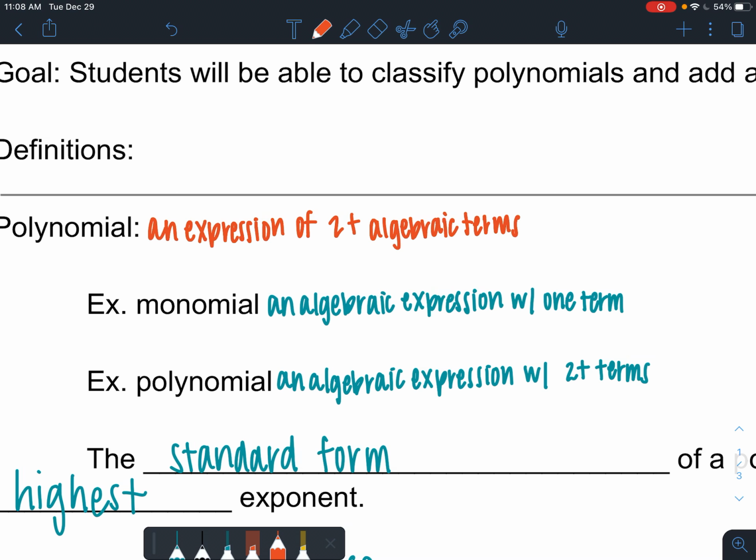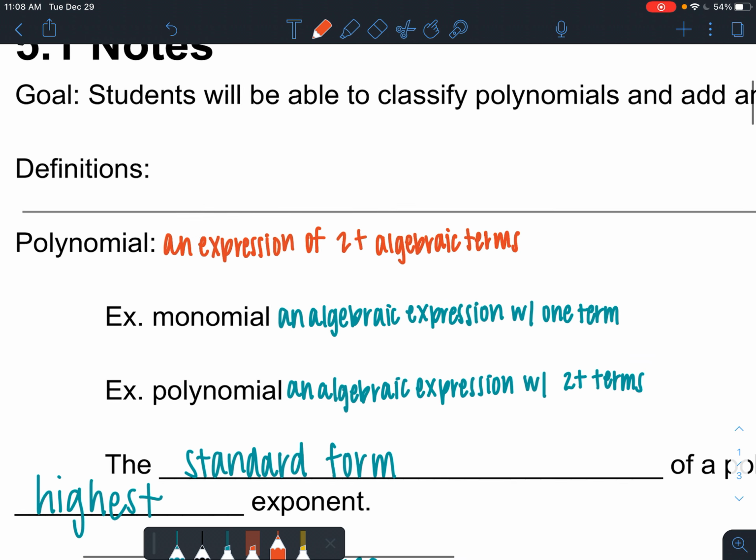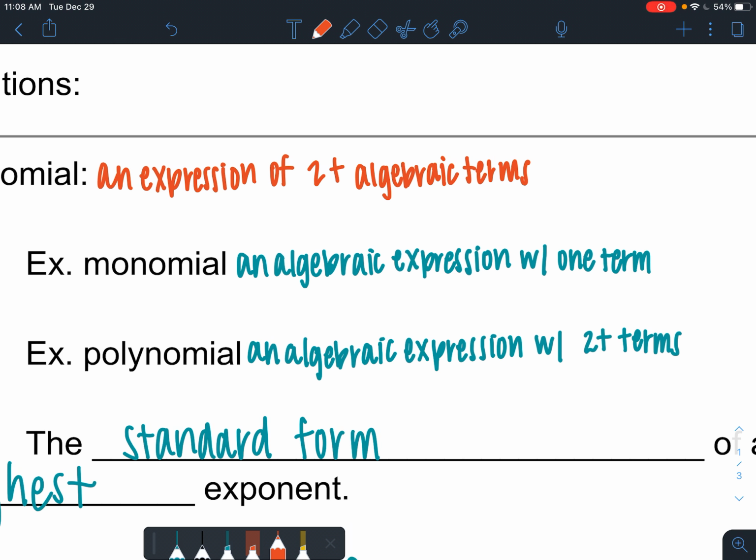So a monomial is an algebraic expression with one term, and a polynomial is an algebraic expression with two plus. Mono means one, and poly means multiple, or many, I guess.